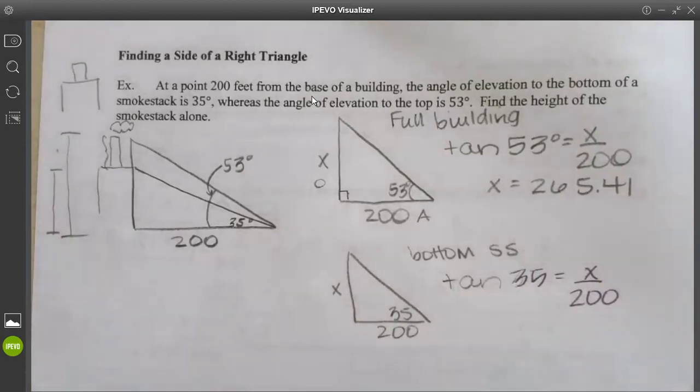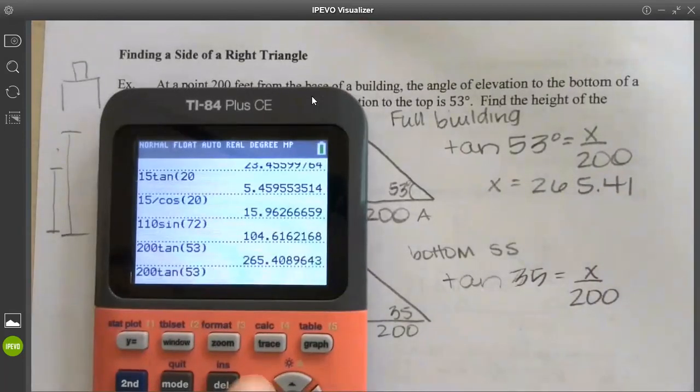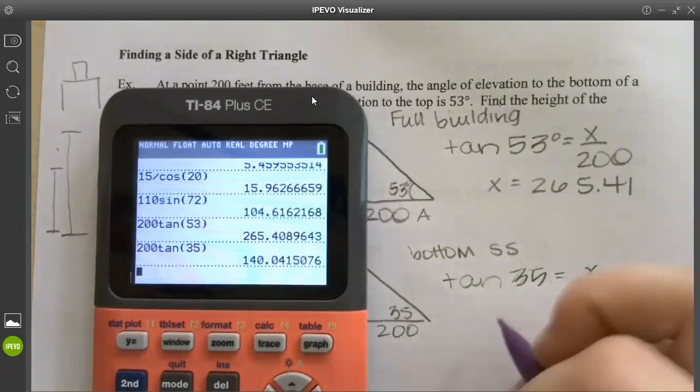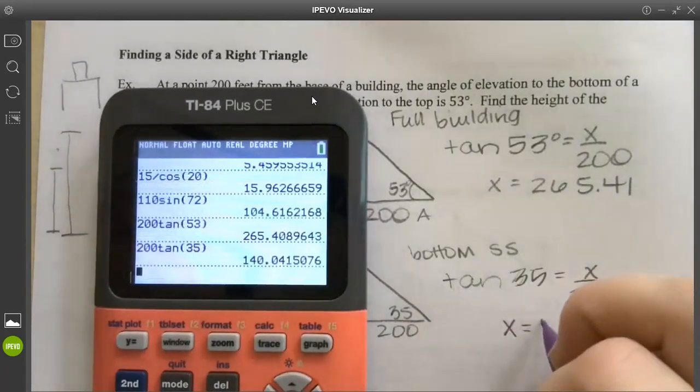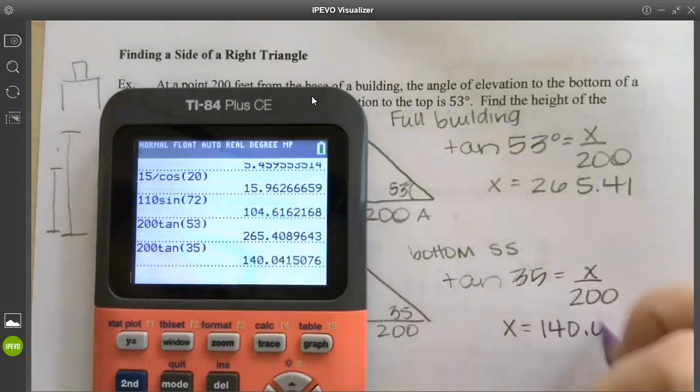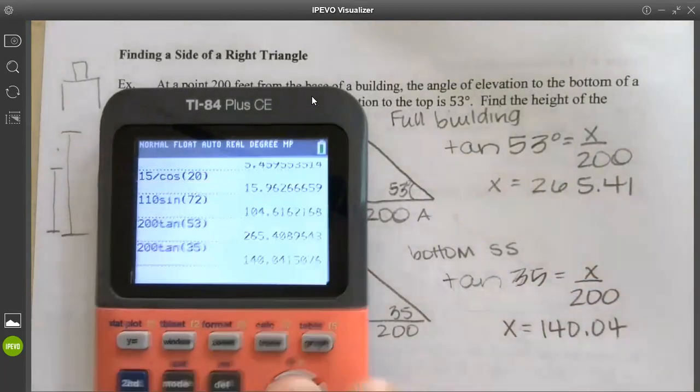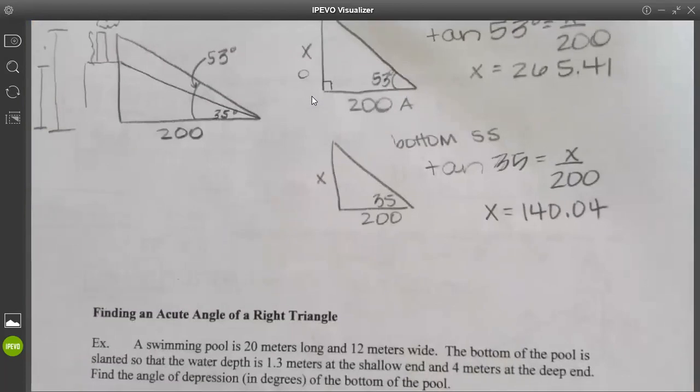How do I solve? 200 tan 35. x equals 140.04. And then what do I do to those two numbers?